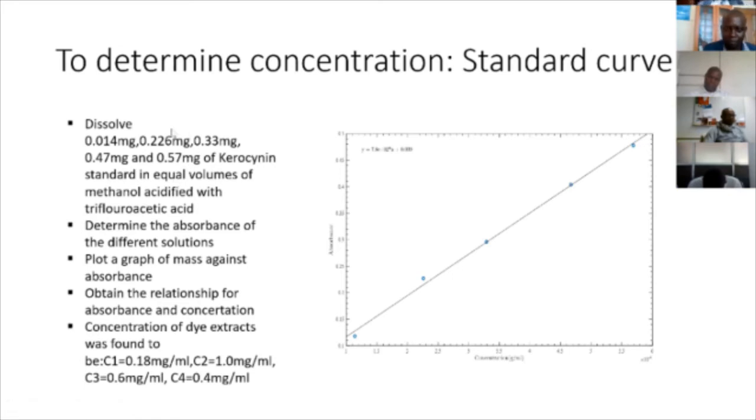Then for each of these solutions which we had, we measured the absorbances at 530 nanometers. And then we plotted the values of absorbance which we obtained against concentration. And then I got this calibration curve, which has this equation. So this equation relates absorbance to the concentration. I hope I've answered you.